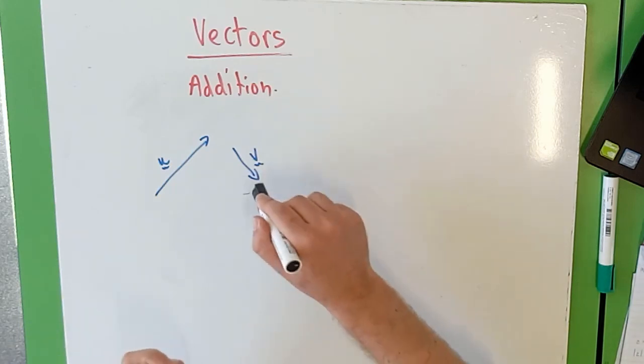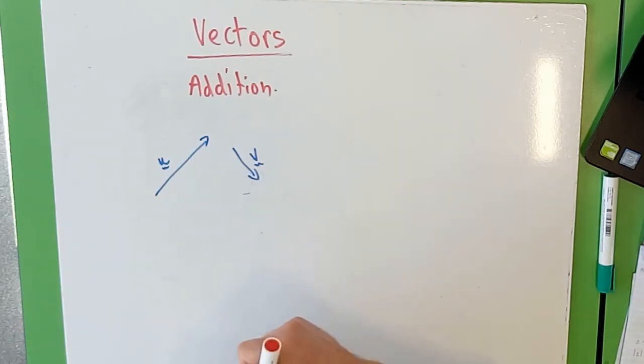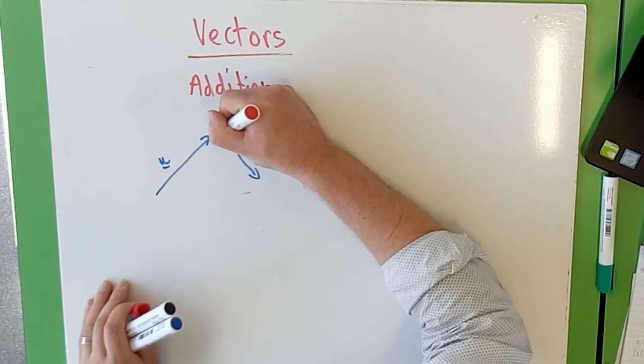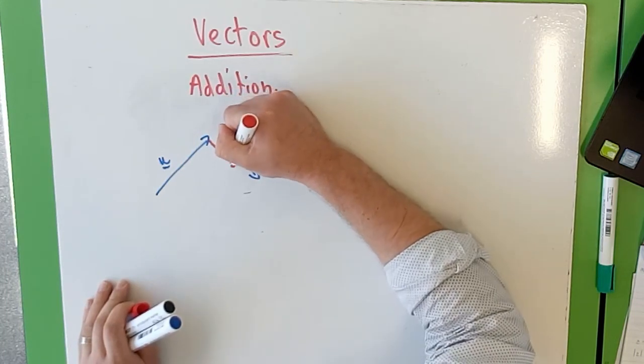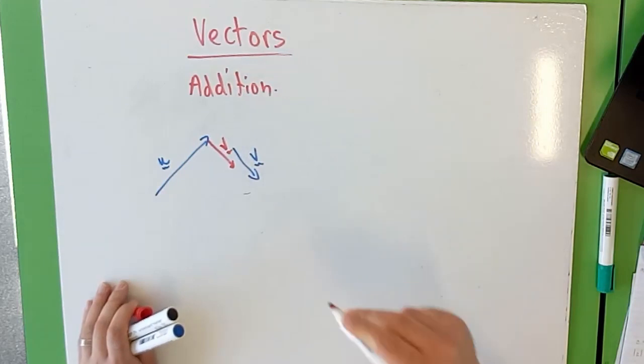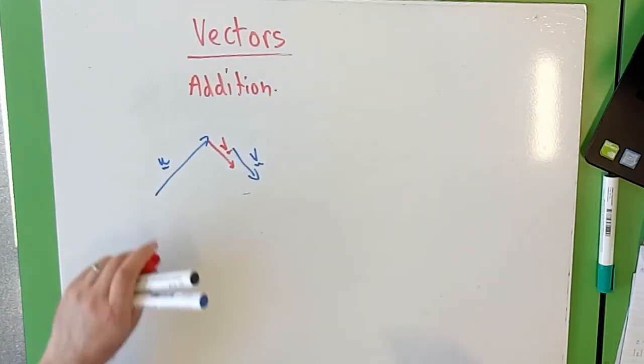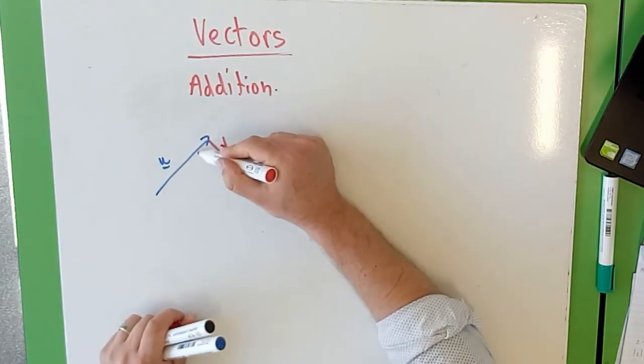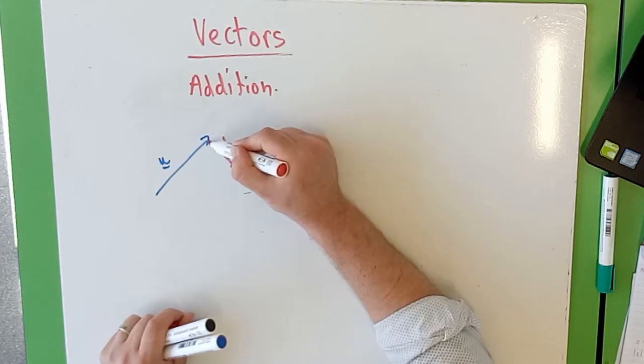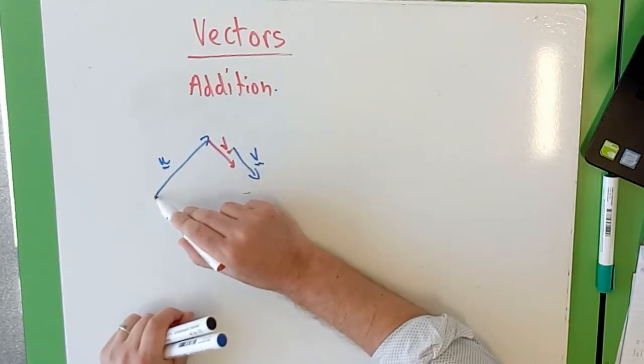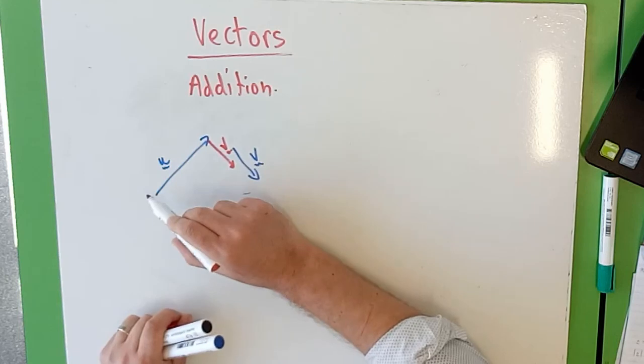So I'm going to move this v onto the head of this one and draw it there. Same magnitude, same direction. This is called adding them head to tail. So the head of the first vector goes to the tail of the second vector. Think about it as joining up the arrows.